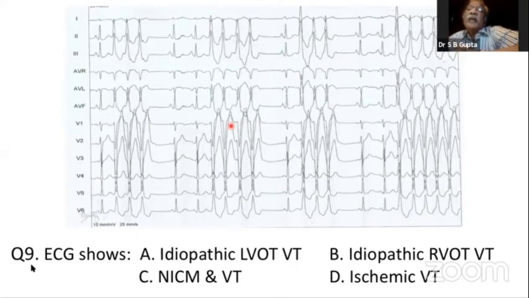There are no ST-T changes seen anywhere with the normal beats, so it doesn't look like ischemic ventricular tachycardia. There are no other ECG changes suggestive of non-ischemic cardiomyopathy. So the likely diagnosis will be idiopathic RVOT-VT.